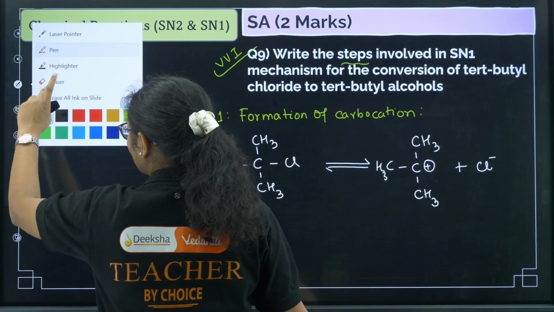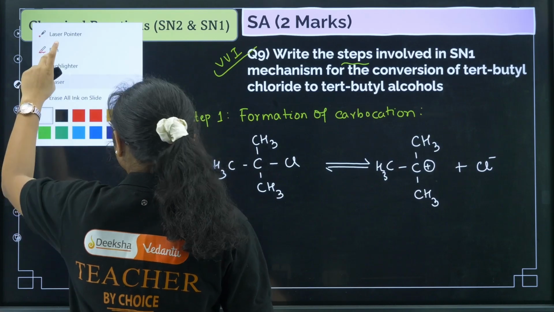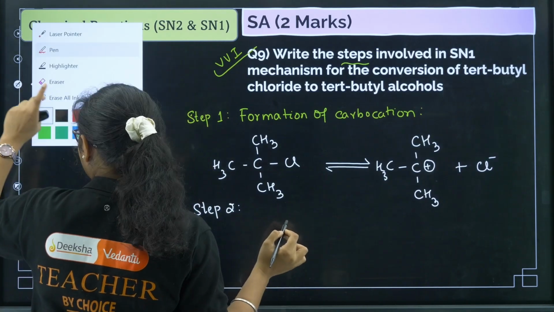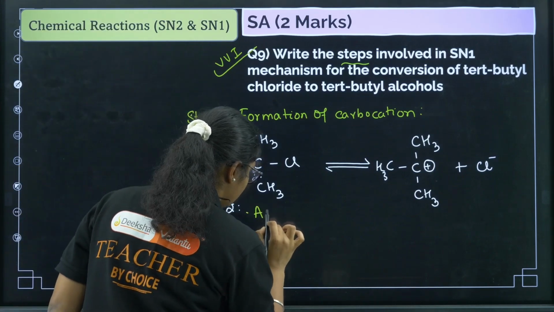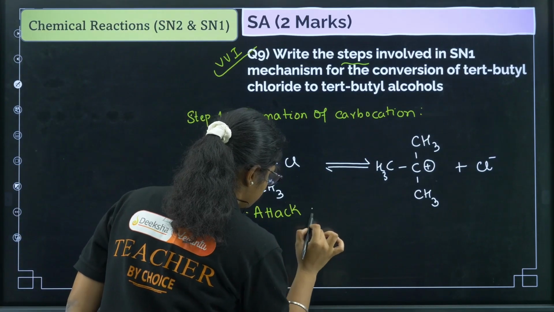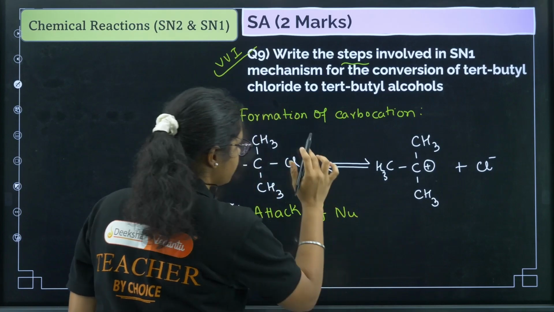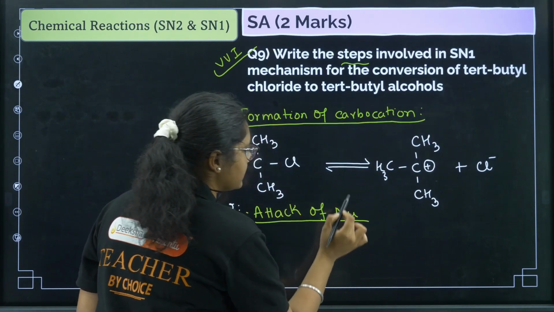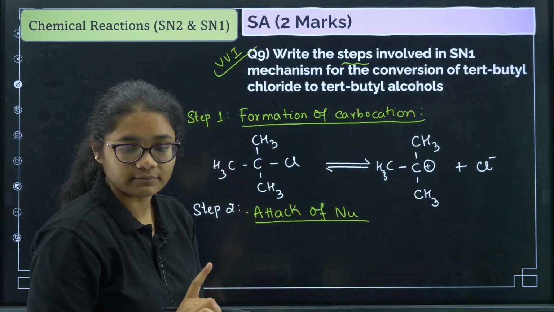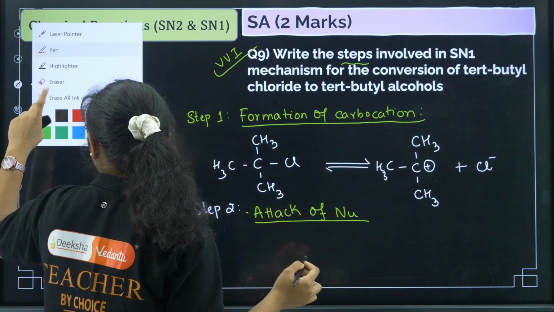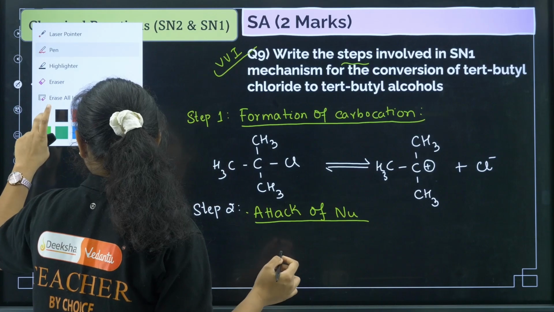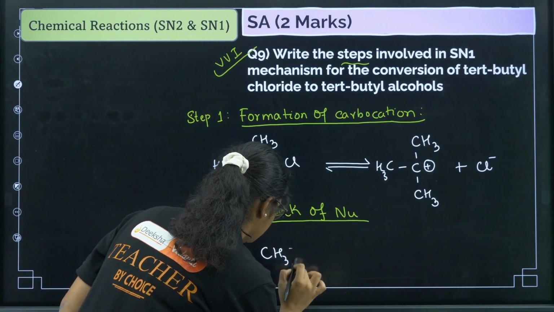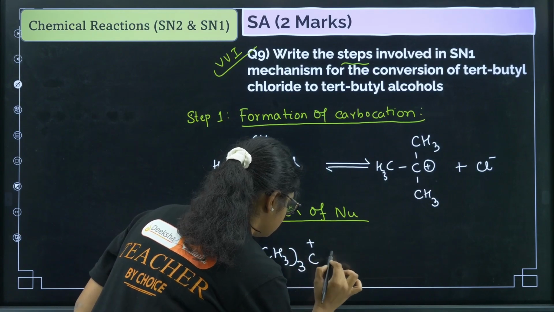Next, step 2 is what? Step 2 is, I'll change the ink here, attack of nucleophile. Okay, so when you are writing like this, underline step number 1. Here you see we need to give an equilibrium symbol. Next we can do attack of nucleophile. So here you can write that we have (CH3)3C plus.